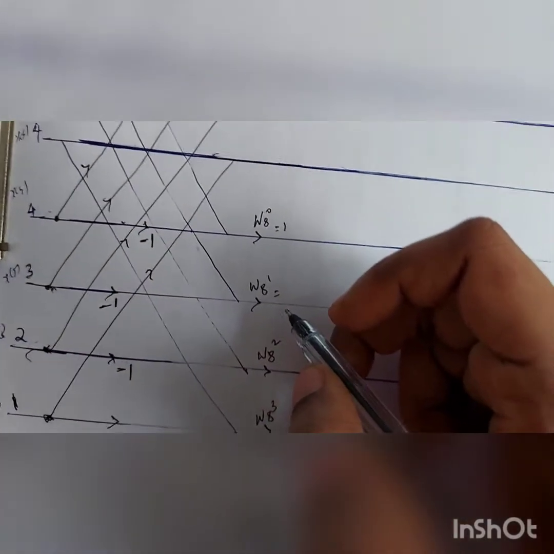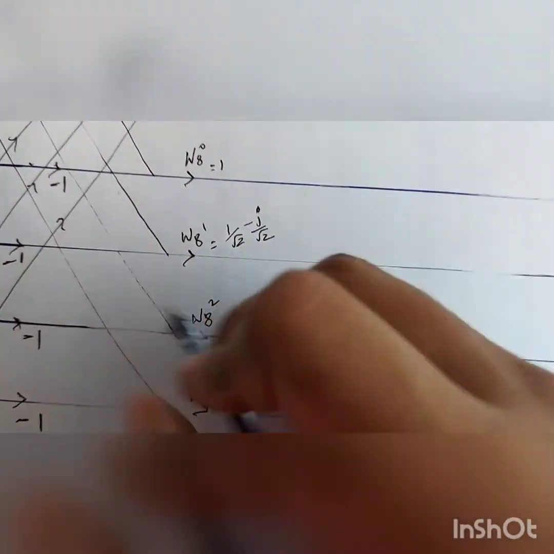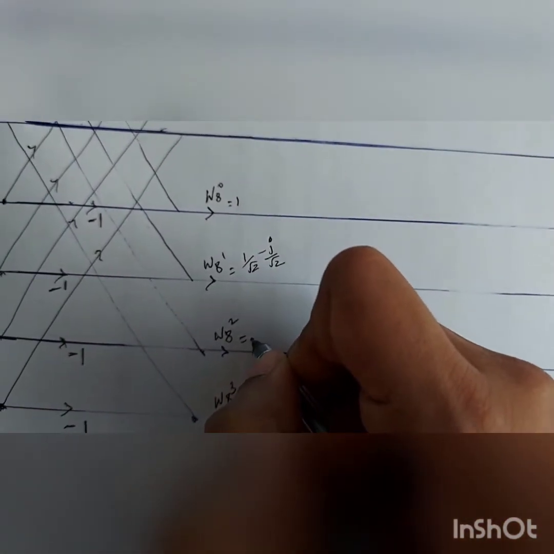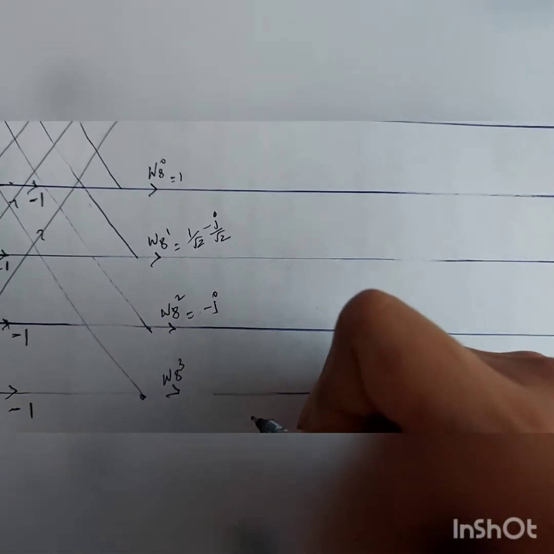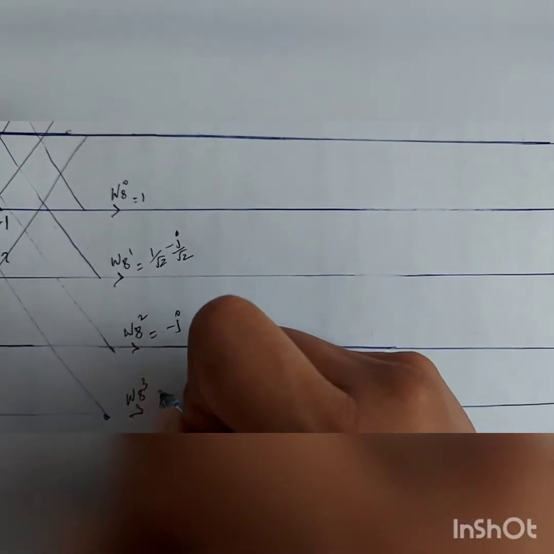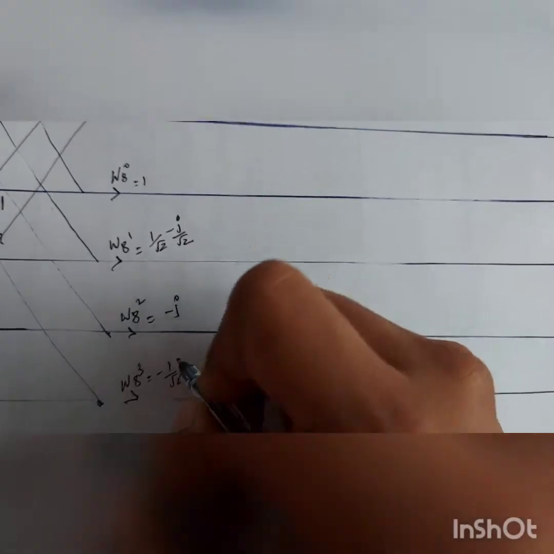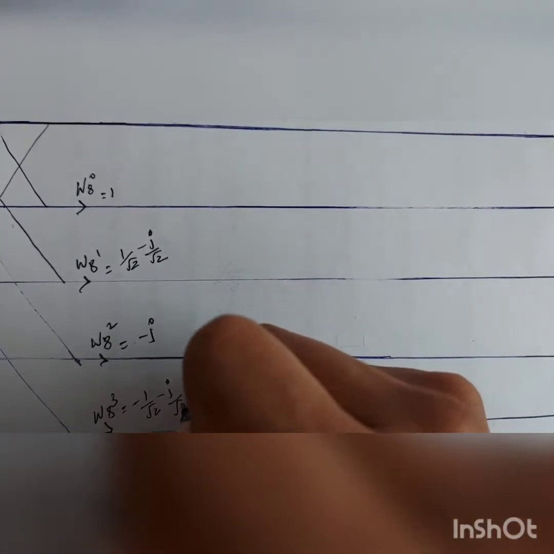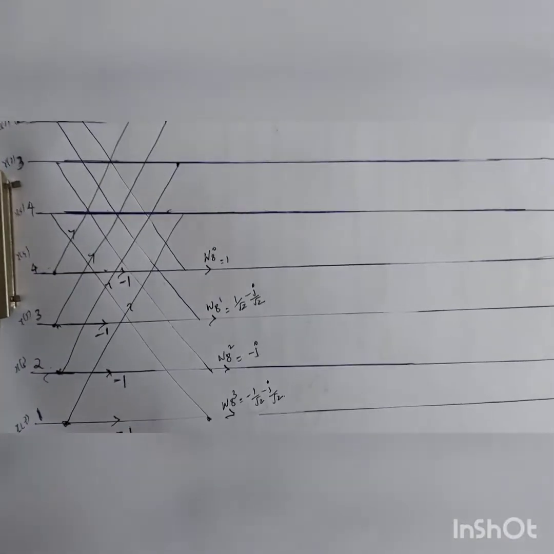So W8 power 1 is 1 by root 2 minus j by root 2. W8 power 2 is minus j. Okay, and W8 power 3 is minus 1 by root 2 minus j by root 2. You will need only these.